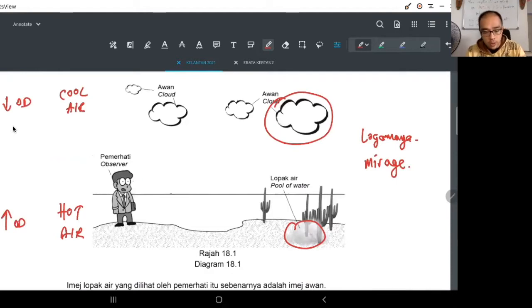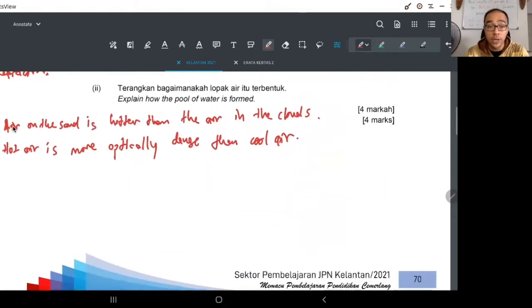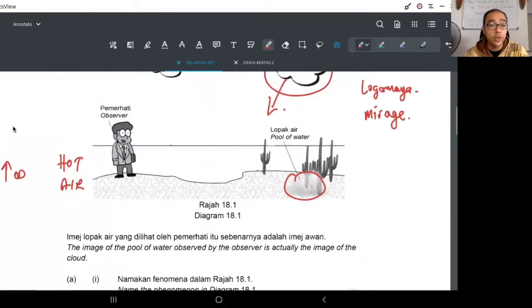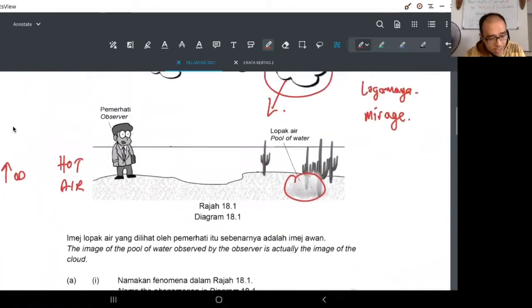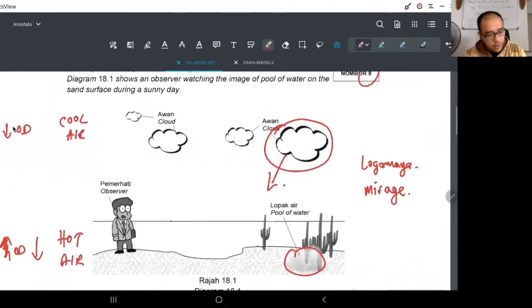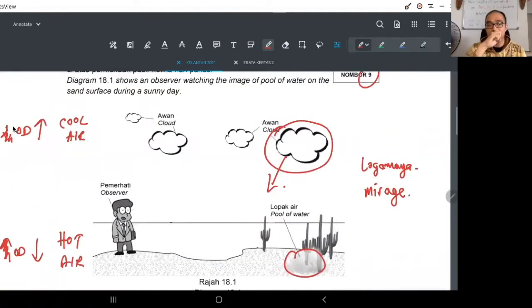When the light comes from the cold air to the hot air, it's going from less dense to more dense. Sorry, hold on, my mistake. Hot air is less optically dense. Cold air is more optically dense. Correct. Hot air is less optically dense and cold air is more optically dense.